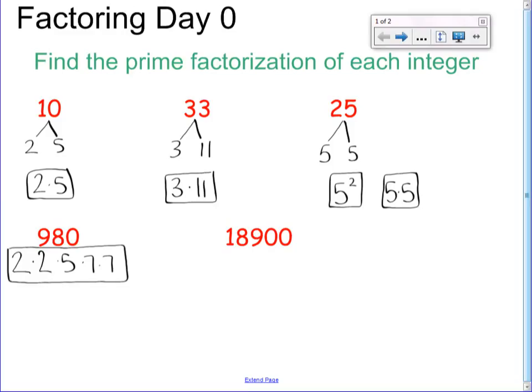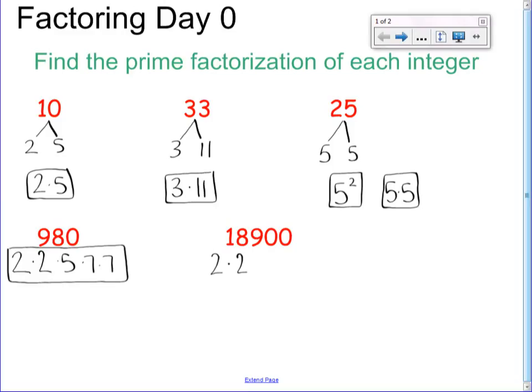18,900. So we put that in the calculator and we start dividing by 2 as many times as we can. So I did once. The next number is also divisible by 2, so I do it again. But now it isn't. Okay, but we are going to check if it's divisible by 3. So the number is 4,725. So if we add those numbers together, we get 18.